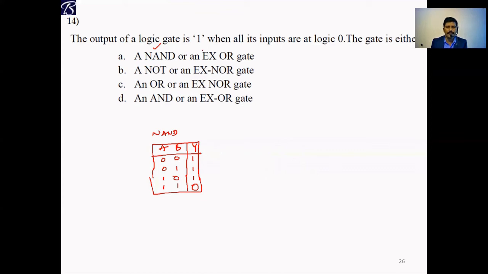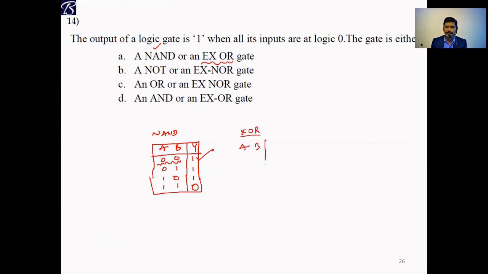See here, the output is 1 when all inputs are at logic 0. So the NAND gate is okay. If you take the XOR gate, what is the truth table here?